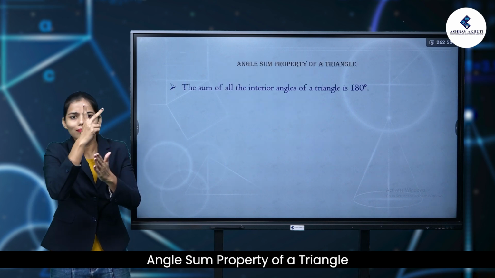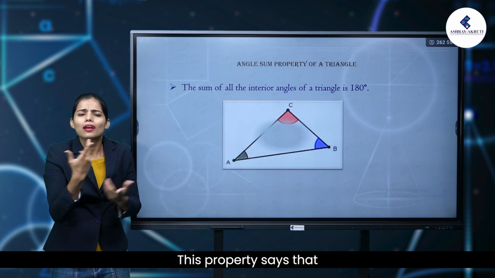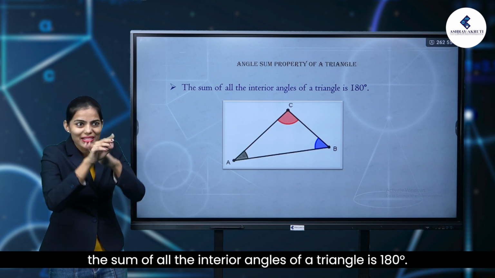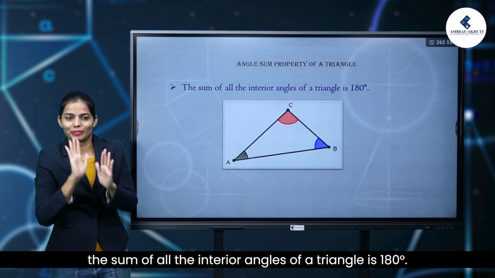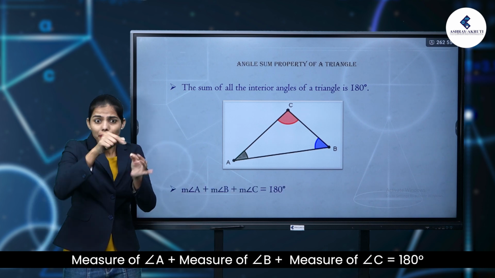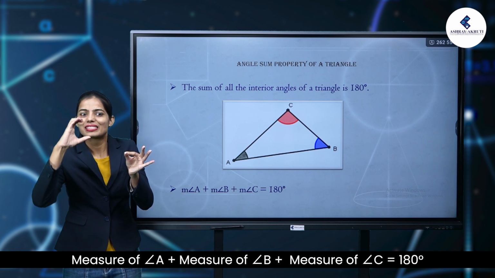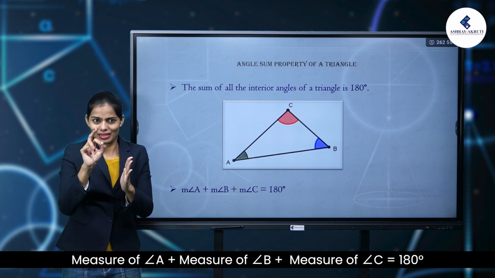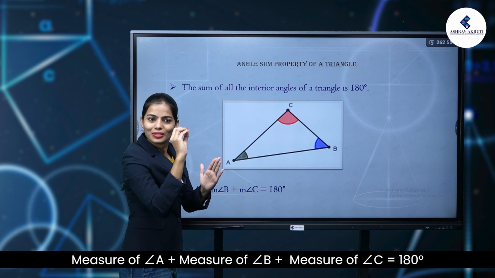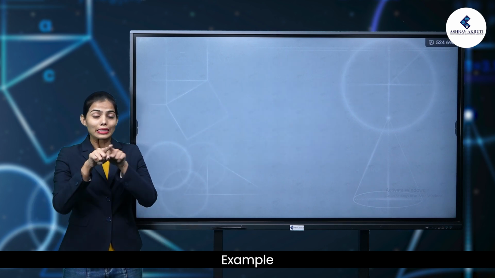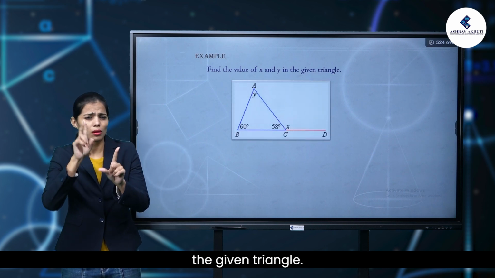Angle sum property of a triangle. This property says that the sum of all the interior angles of a triangle is 180 degrees. Measure of angle A plus measure of angle B plus measure of angle C is equal to 180 degrees. Example: find the value of x and y in the given triangle.